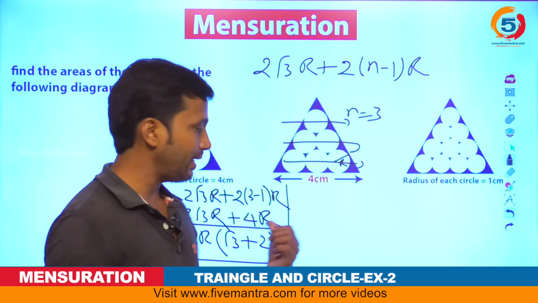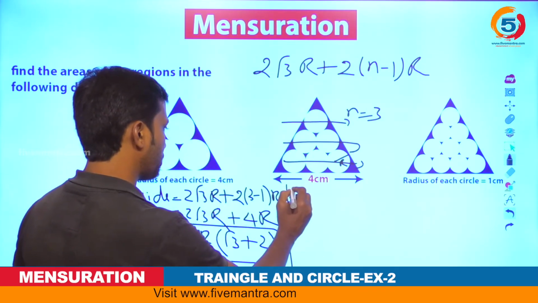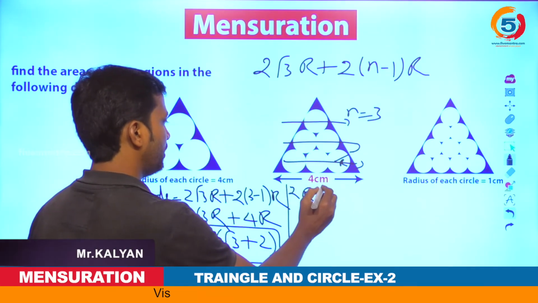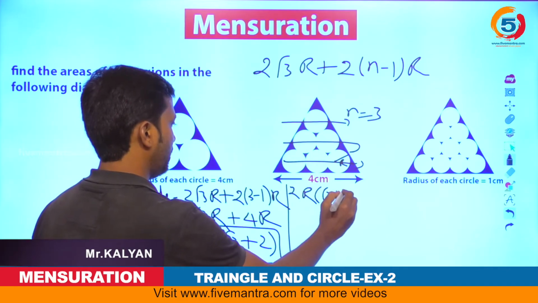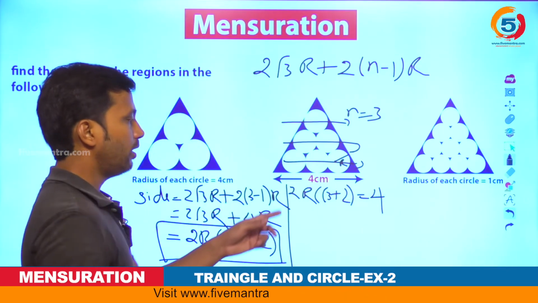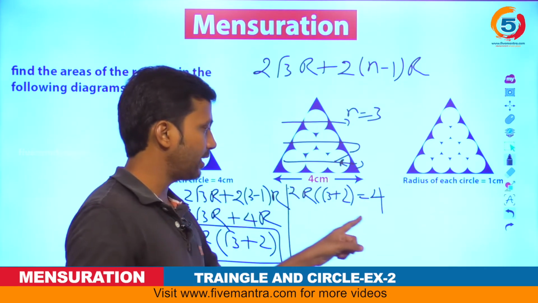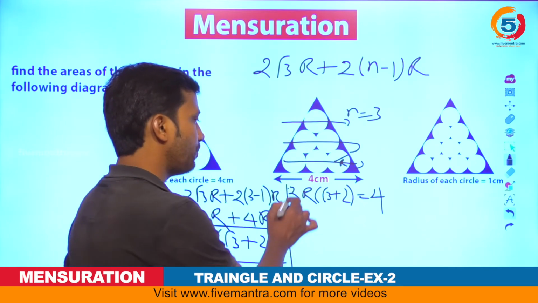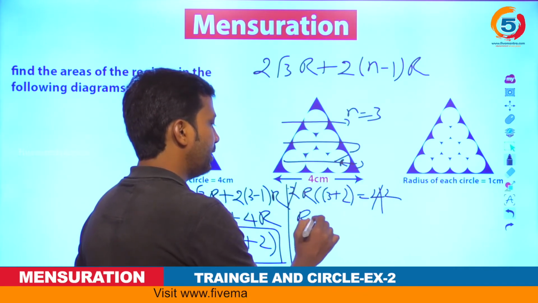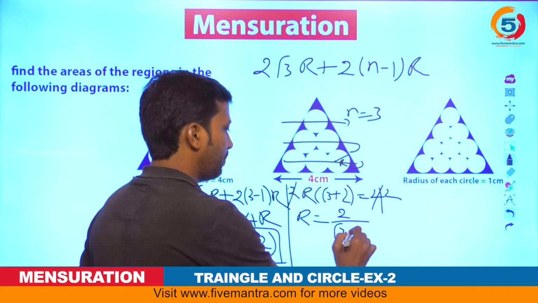So can we make them equal or not? 2R into root 3 plus 2 would be equal to 4. Now if you transpose these values to the other side, then 2 will come to the denominator part, so from here only we can do the cancellation. By the way, we get radius equal to 2 by root 3 plus 2.